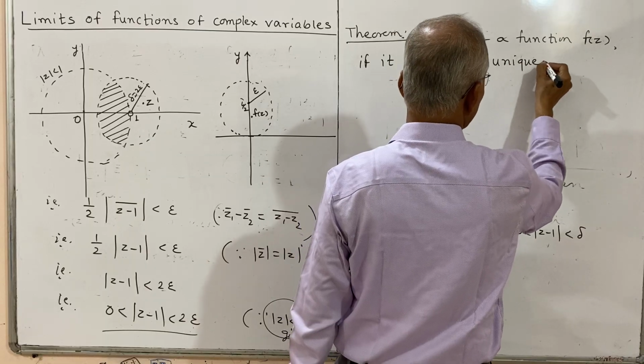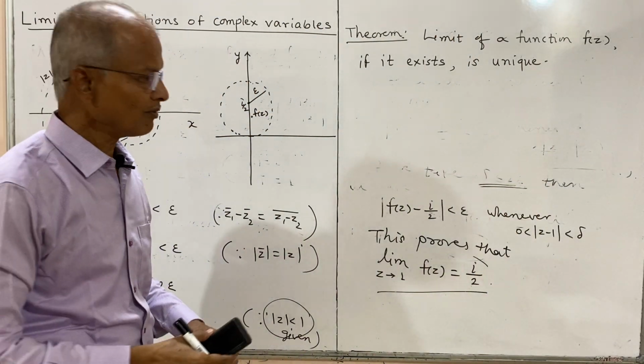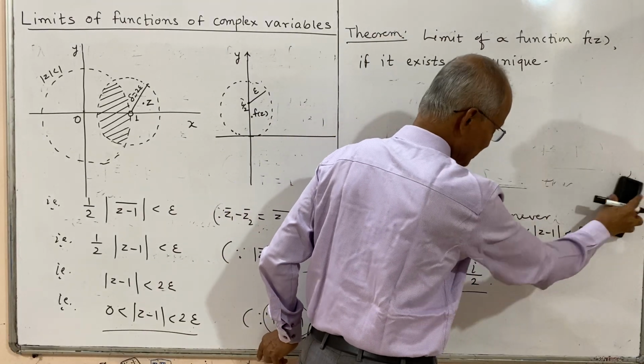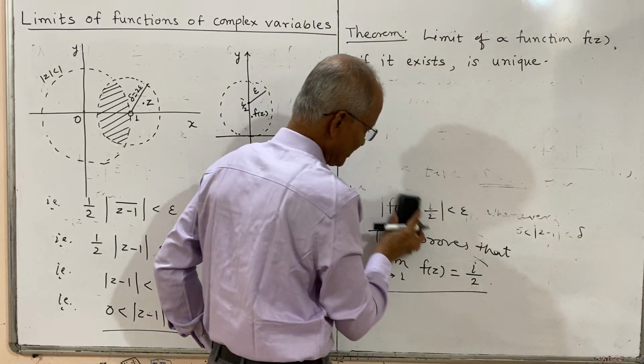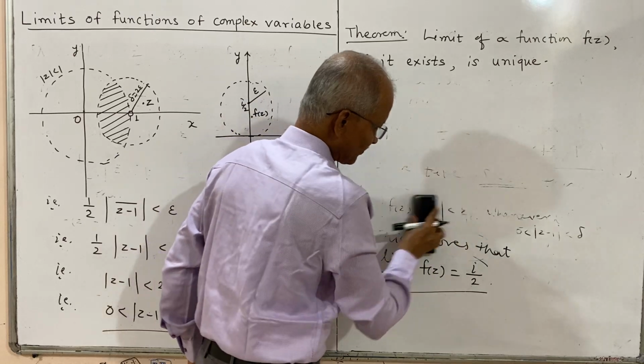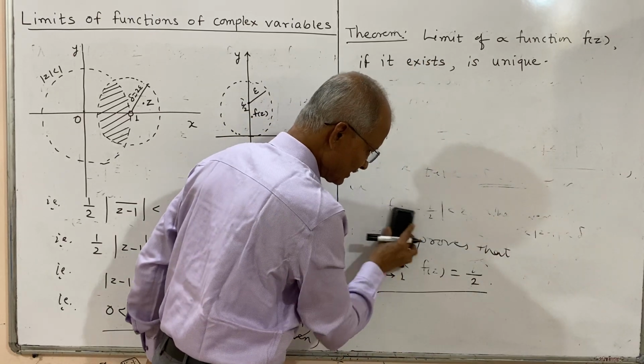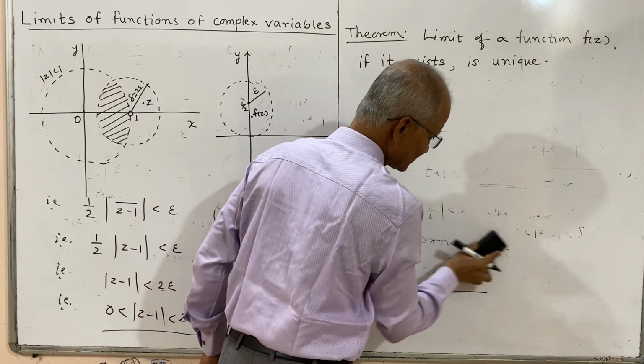Means only one. A function cannot have more than one limit. Sometimes the limit may not exist if the condition is not satisfied, and if the condition is satisfied, the limit exists, and if the limit exists, it is only one.